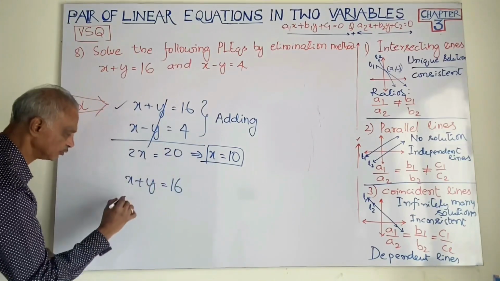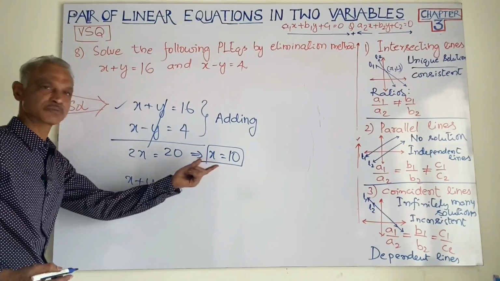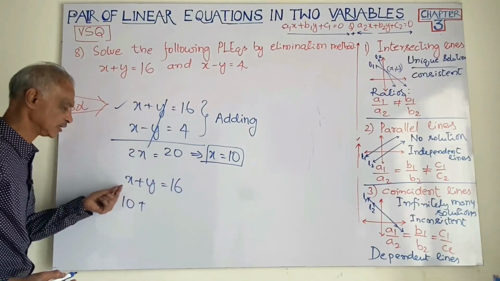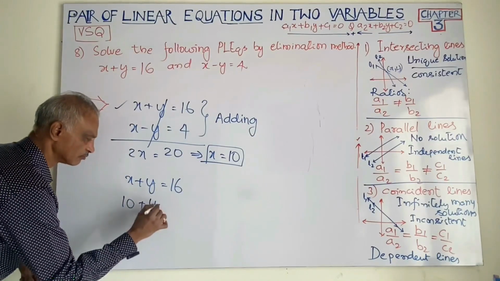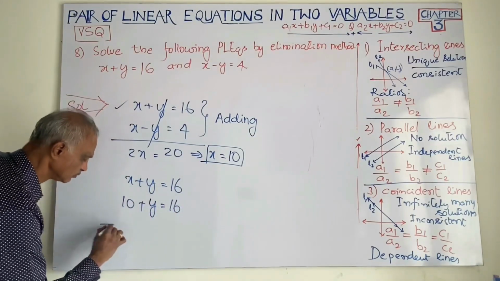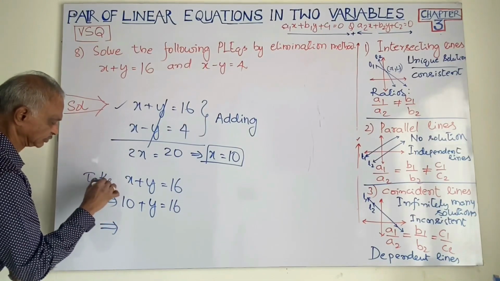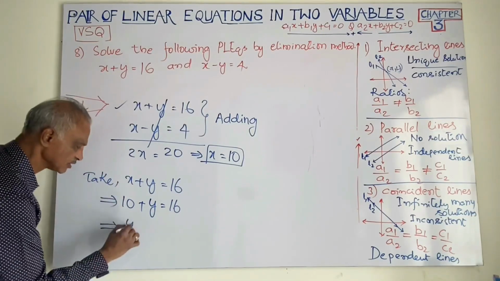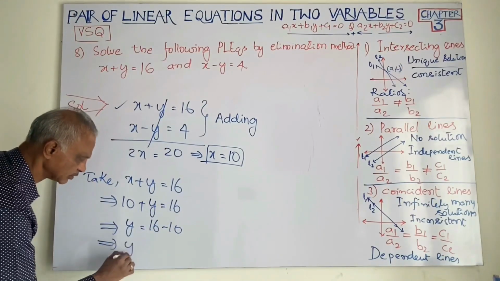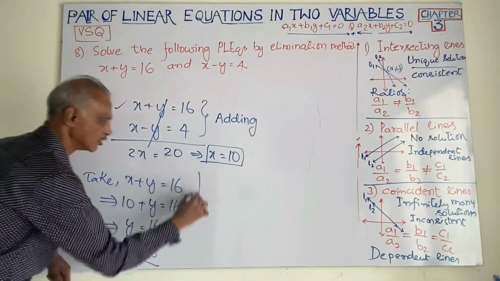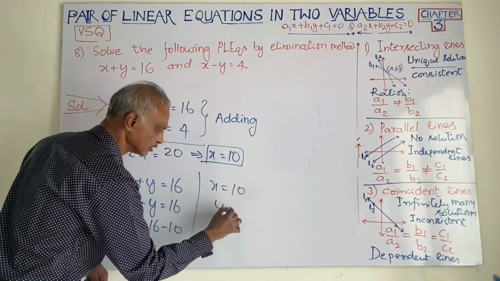In place of x substitute x is equal to 10, and you will get y is equal to 16 minus 10, y is equal to 6. Now you got x is equal to 10 and y is equal to 6.